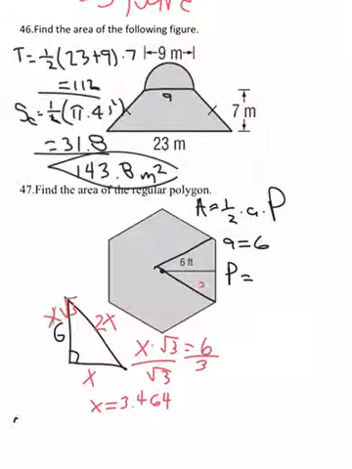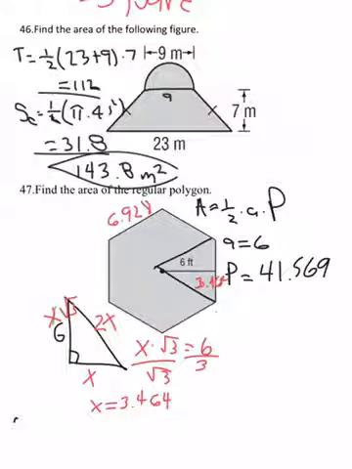Well, remember, that's just a half. So if we double that, one full side is about 6.928, and there's 6 sides. So the perimeter of all 6 of those is about 41.569.